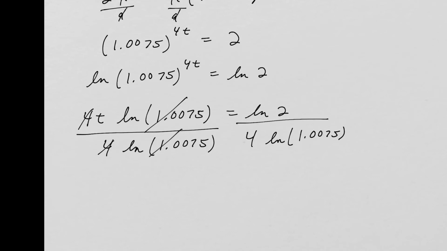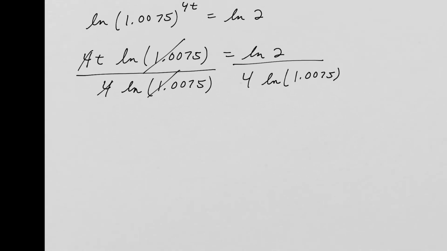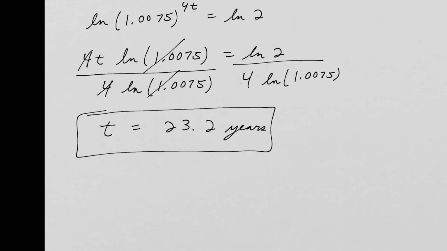The 4's cancel, and I get t is equal to, you have to do that right-hand side in a calculator, and you're going to get 23.2 years. So that would be the time it takes the value of your account, your initial value, to double, given the fact that the interest rate is 3% compounded quarterly.